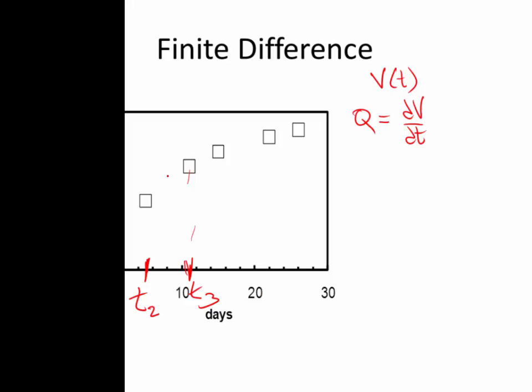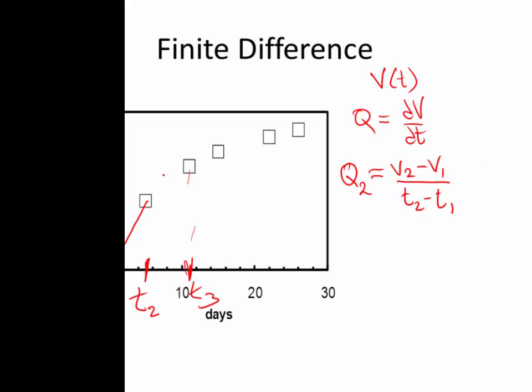Okay, and so I think what we could do is say that the flow rate at time 2 could be determined by that slope. So Q at 2 would be V2 minus V1 over T2 minus T1.